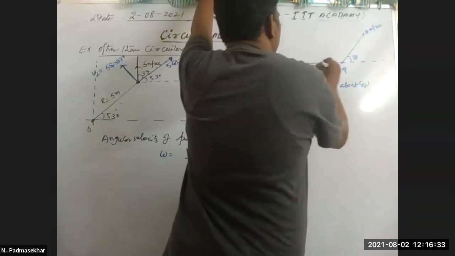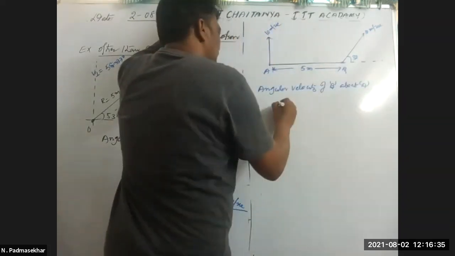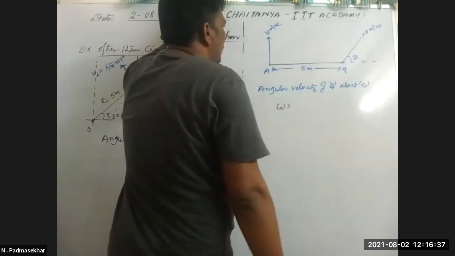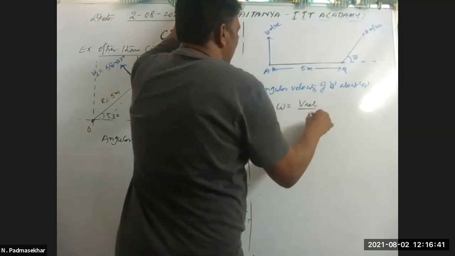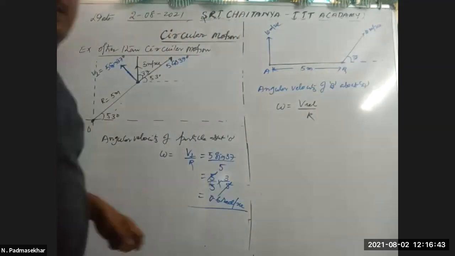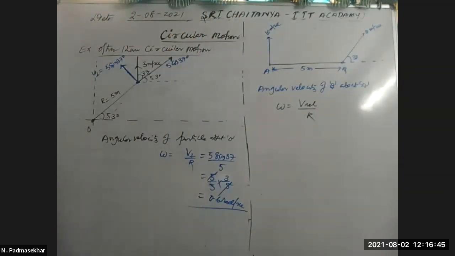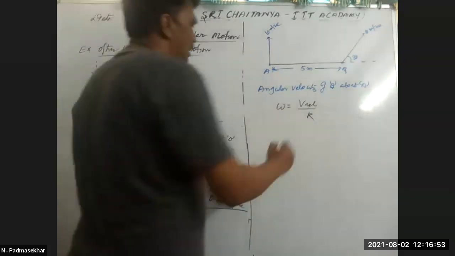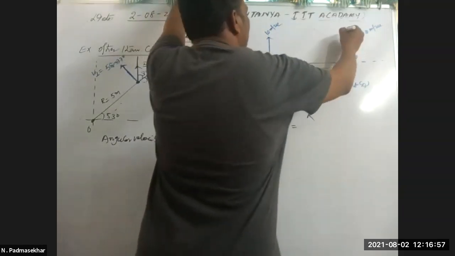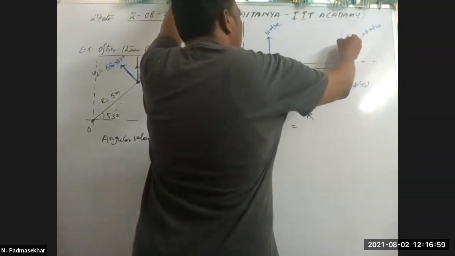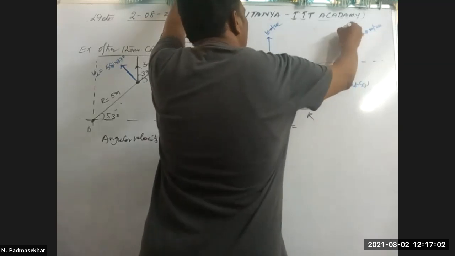The relative angular velocity of B about A, omega, is equal to V relative by R. So angular velocity is equal to V relative by R. V relative by R is nothing but, so this is perpendicular and it is also perpendicular.